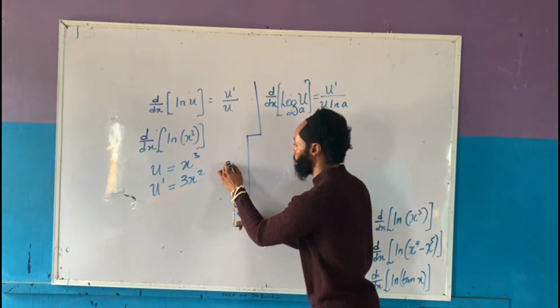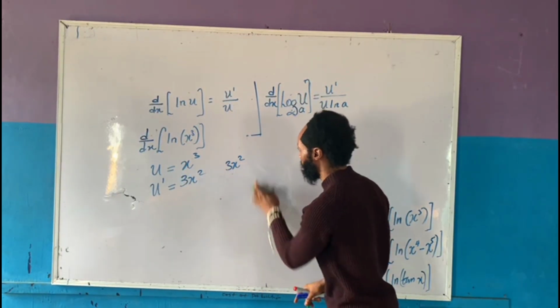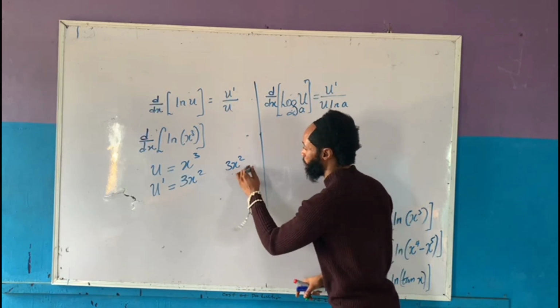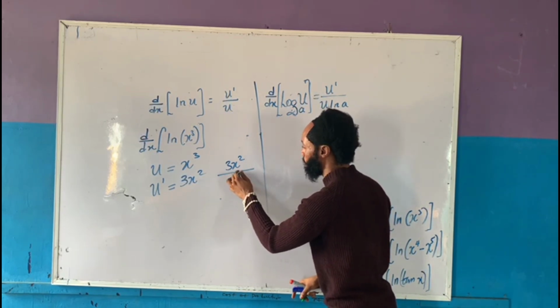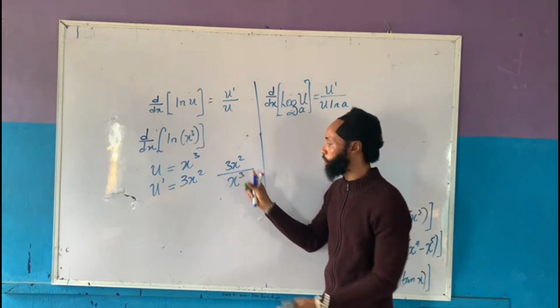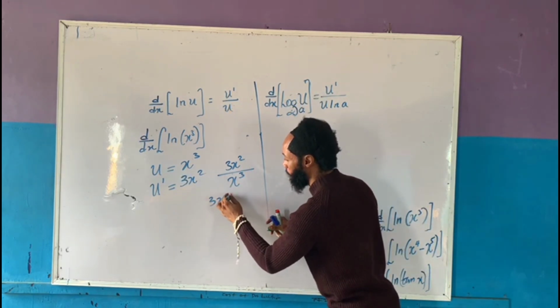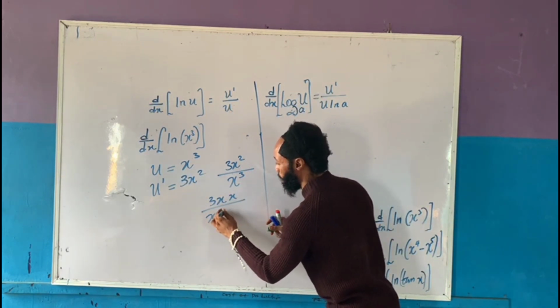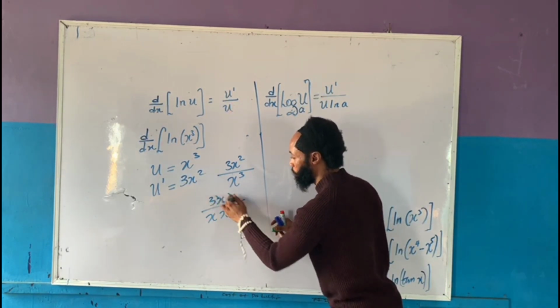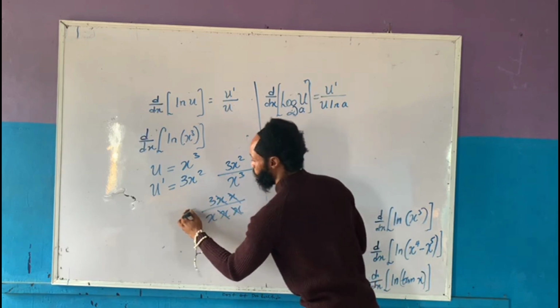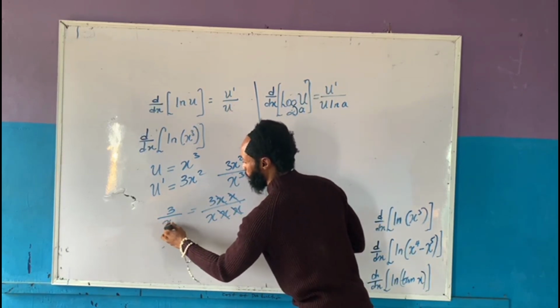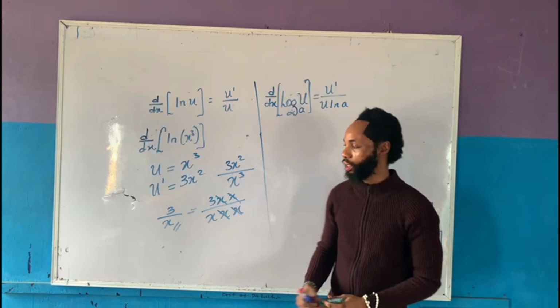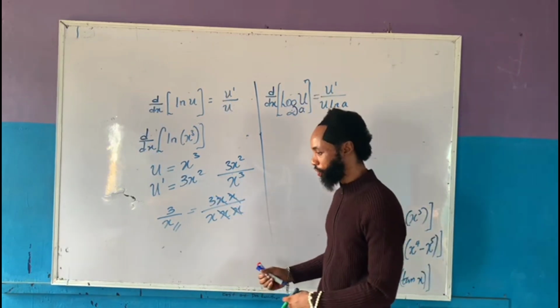That is 3x squared over x cubed. Now what does this mean? This means 3x all over x squared, so 1, 2 cancels 1, 2. We are left with 3 over x, the same thing we got initially. So that is correct for this case.